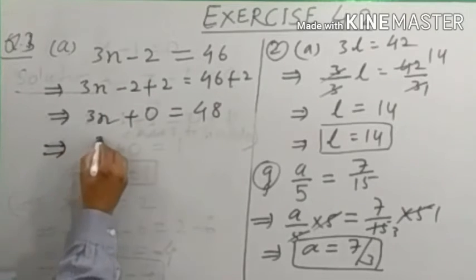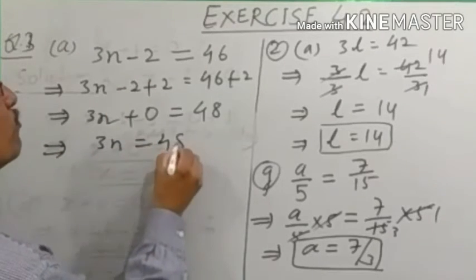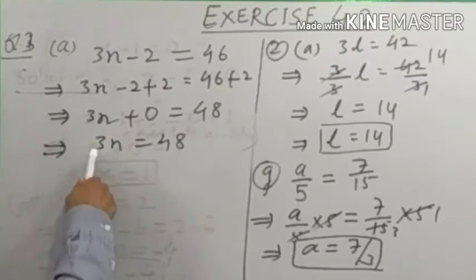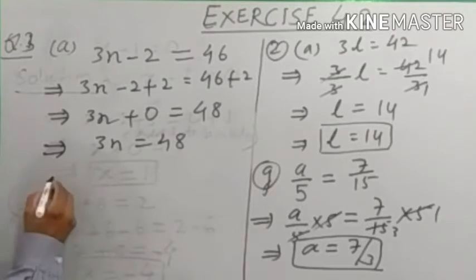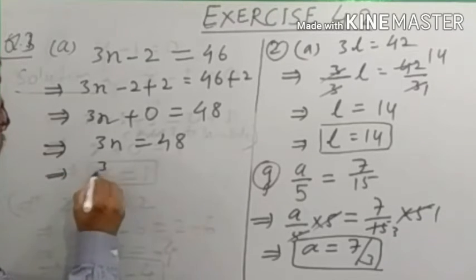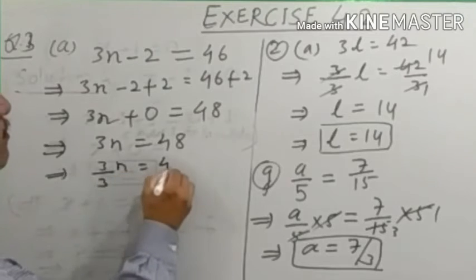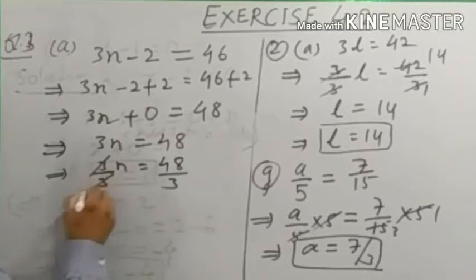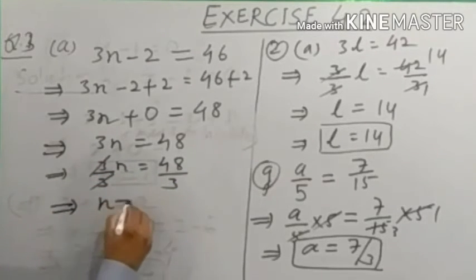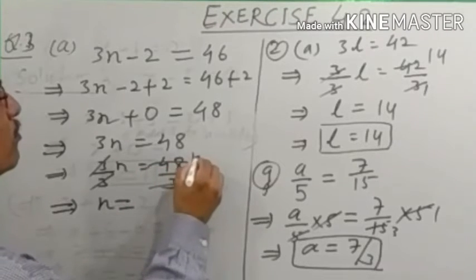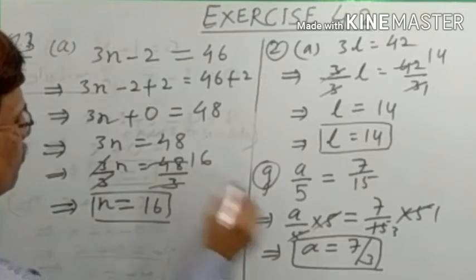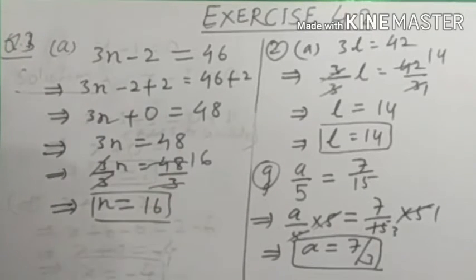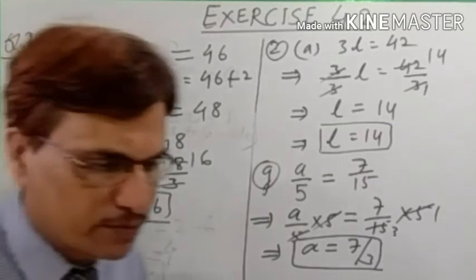Now 3n is equal to 48. 3 multiplied by n, so dividing both sides by 3, 3 cancels, n is equal to 16. So 16 is the solution of the given equation.